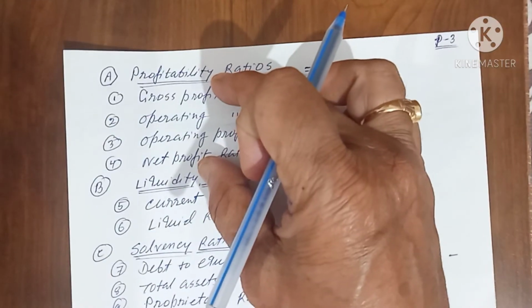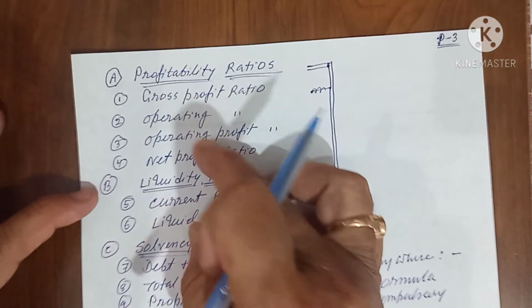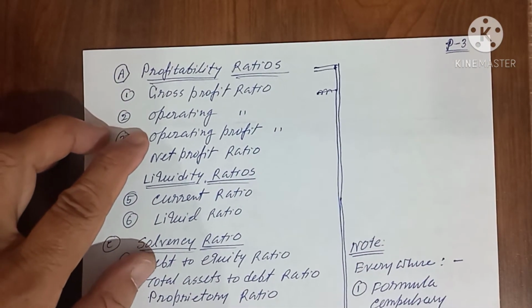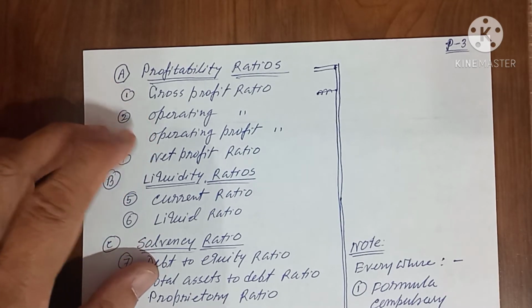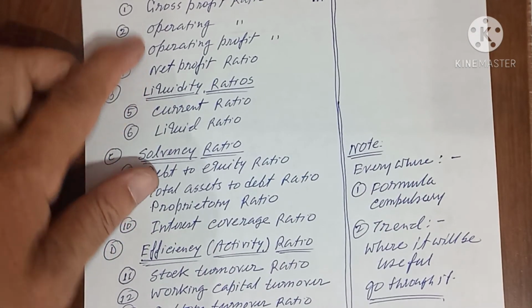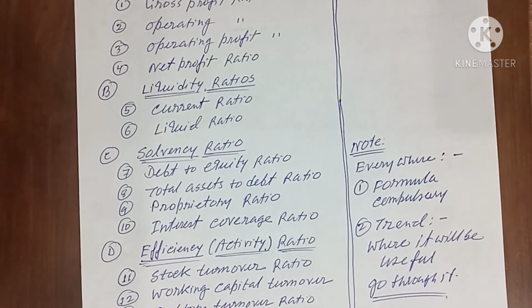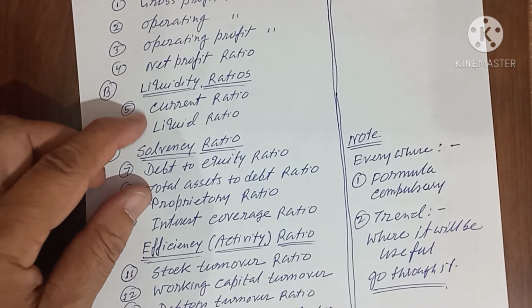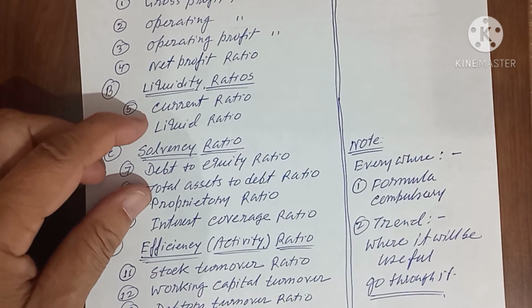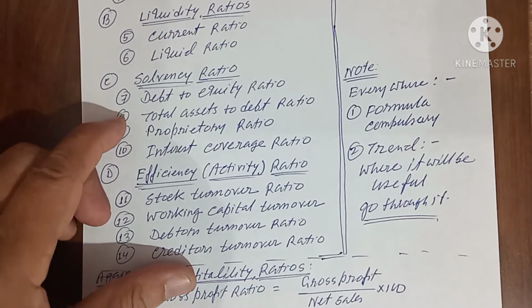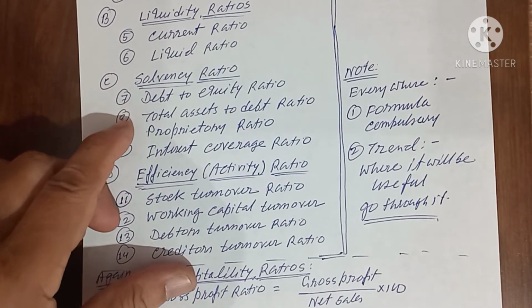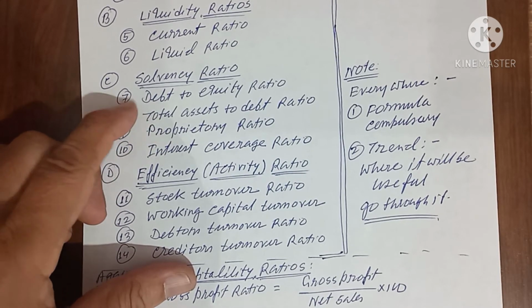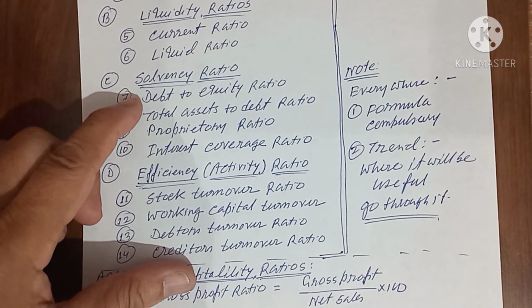Why is it called the profitability ratio? All these 4 ratios are expressed through profit: gross profit ratio, operating ratio, operating profit ratio, and net profit ratio. For that it is called profitability ratio. Similarly, the ratios related to current assets and current liabilities are called liquidity ratios. For solvency ratio, generally the things related to debt, equity shares, total assets, total liabilities and interest come.